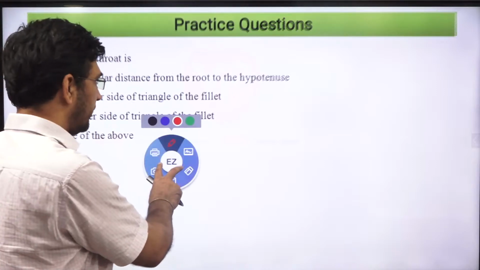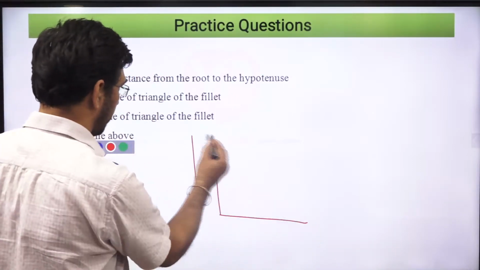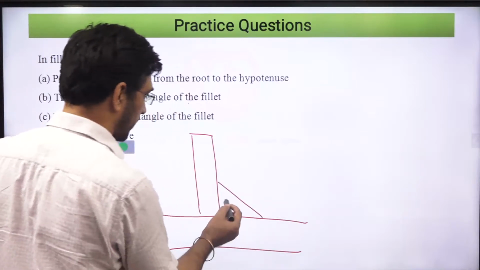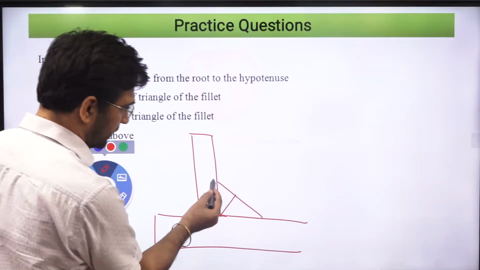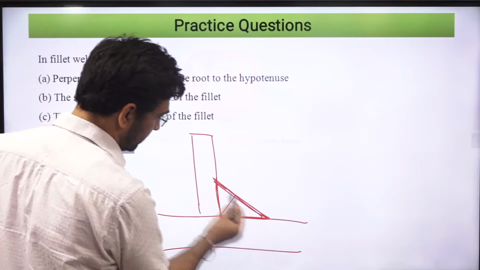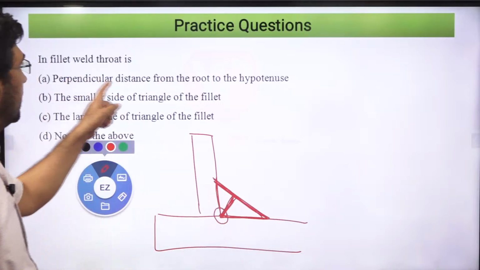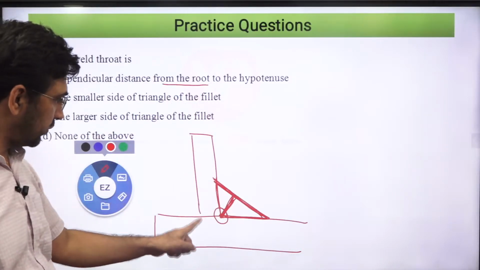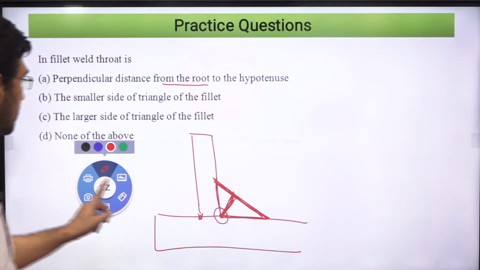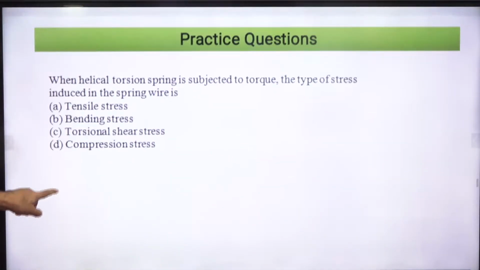If a symmetrical weld is there, then it is this distance. Obviously this is the hypotenuse. If I have a triangle, these are the legs, and this is the hypotenuse. Then this is the perpendicular distance from the root. For us, root is this, the point where the intersection is taking place, and from there the perpendicular distance. So this is straightforward. Nothing special.